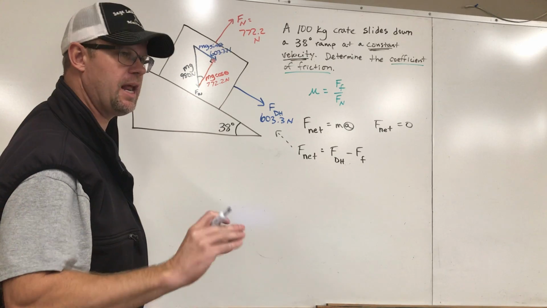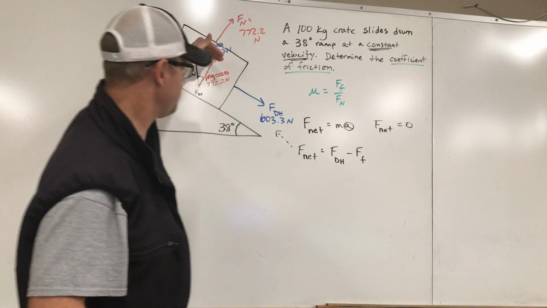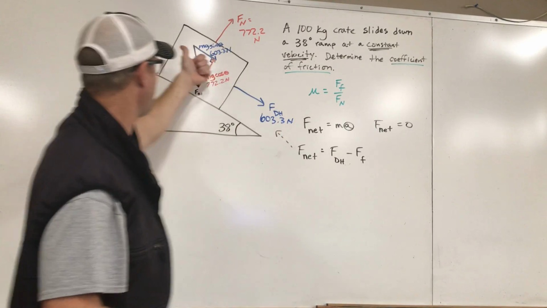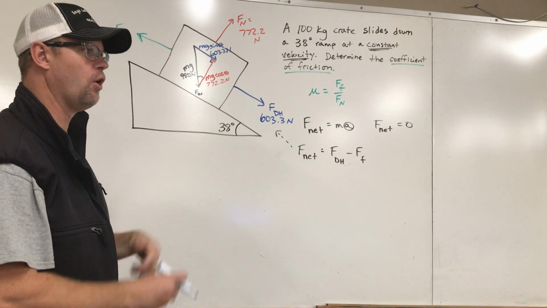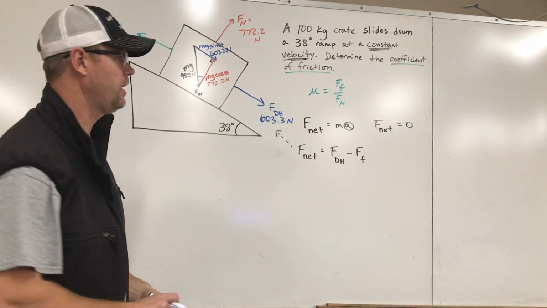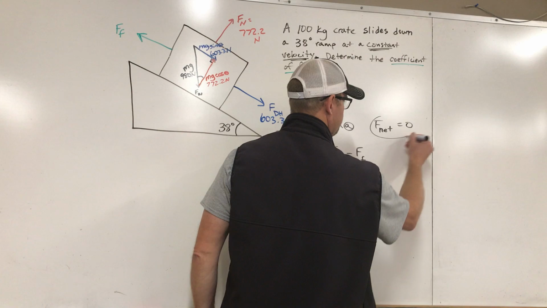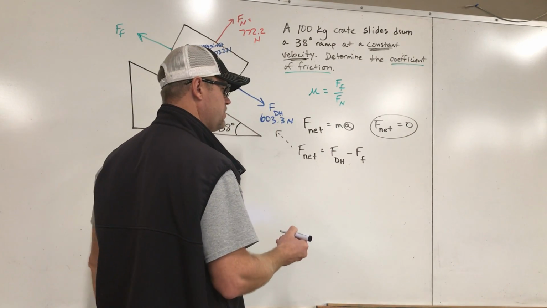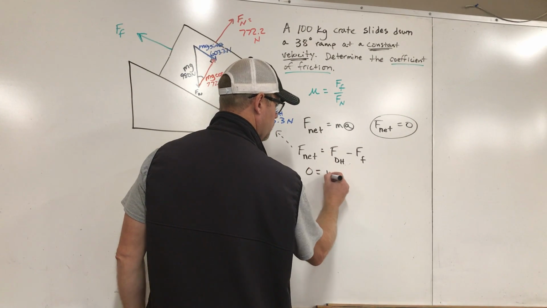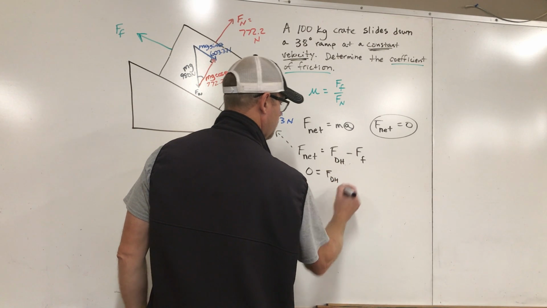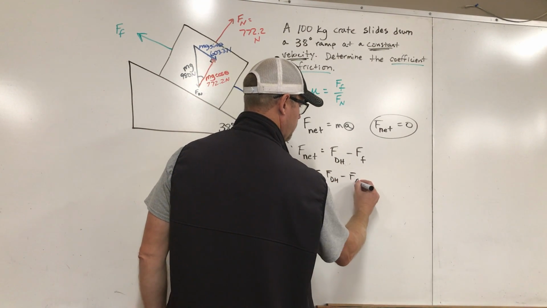I'm going to deal with it in absolute values. This force downhill, if I subtract the force that's holding it back, that should tell me the overall extra force that this is feeling. And we know the overall extra force that this is feeling, the total effect, is 0. So 0 equals the downhill force minus the frictional force.